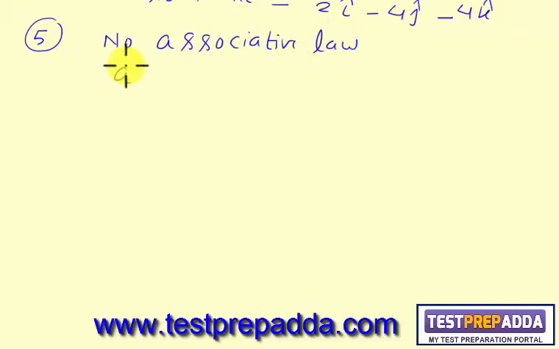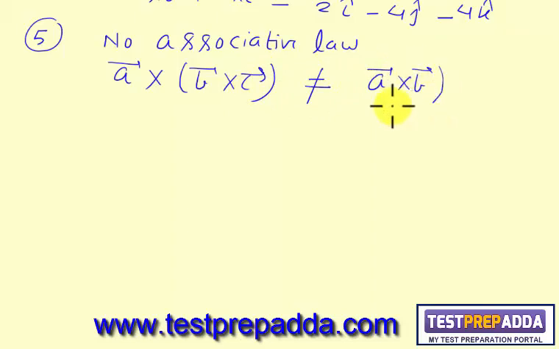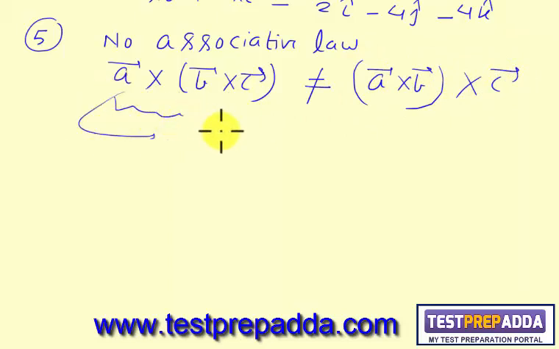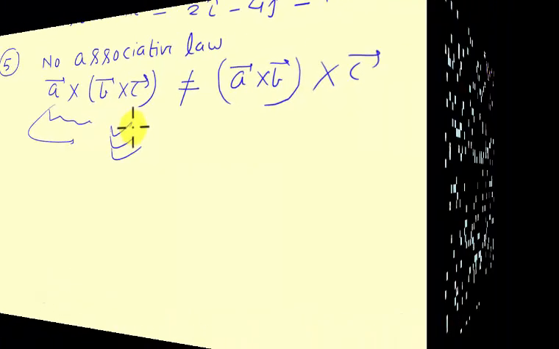What is that? A cross B cross C is not equal to A cross B cross C. And this also you can prove by taking examples.